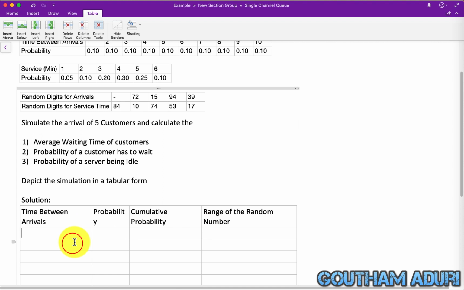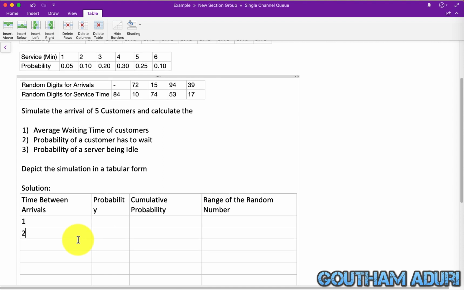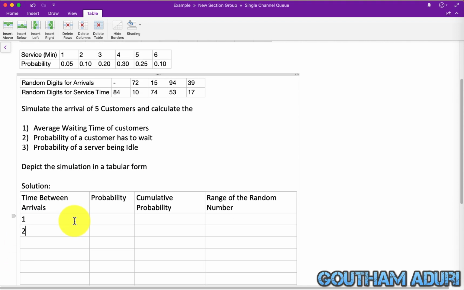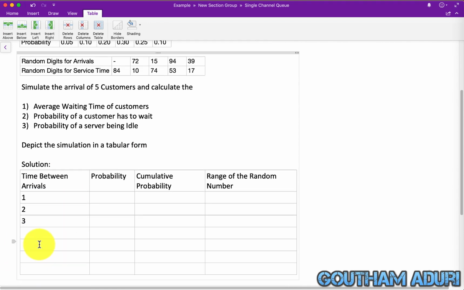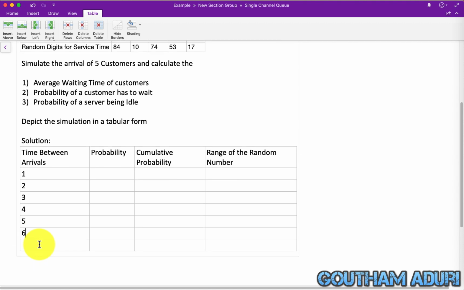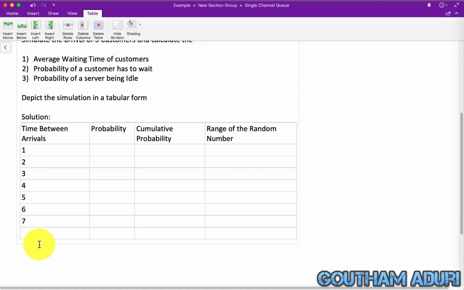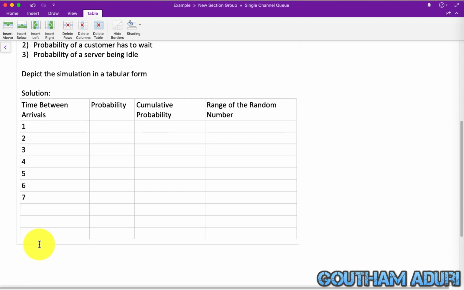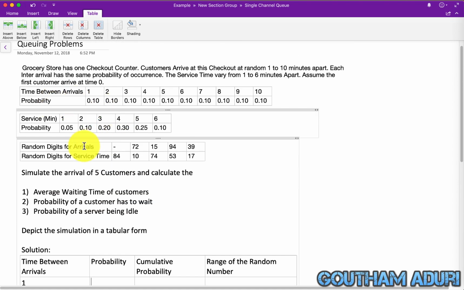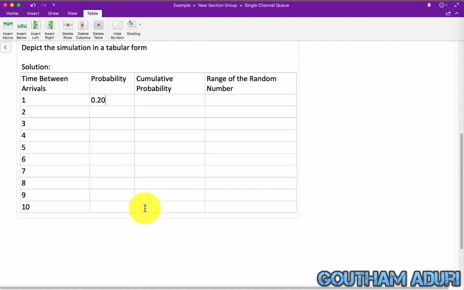The first time between arrivals is 1, and we have seen up to 10 time between arrivals: 1, 2, 3, 4, 5, 6, 7, 8, 9, 10. Let me add a few more rows. The probabilities are all 0.10, because each inter-arrival time has the same probability of occurrence.